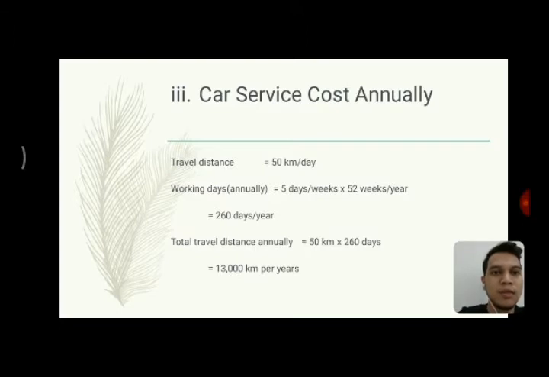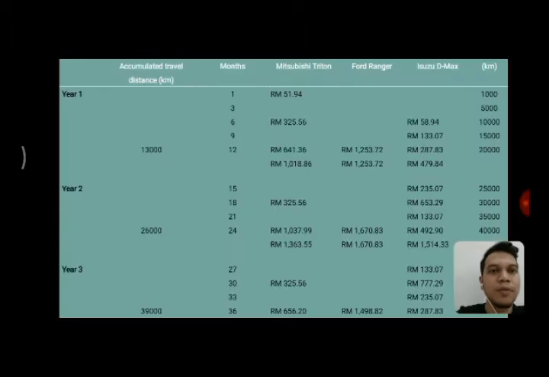So the total travel distance annually is 50 km times 260 days. We got 30,000 km per year. Okay, this is what we got for the service of the Mitsubishi Triton, Ford Ranger and Isuzu D-Max, from the internet.